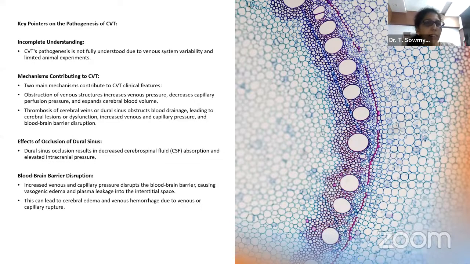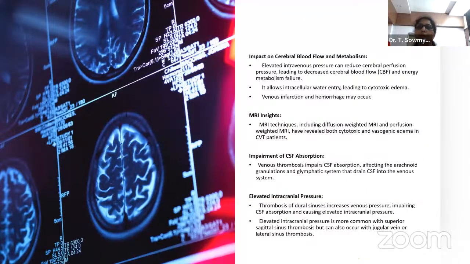When there is a dural sinus thrombosis, there is an increase in venous pressure and a decreased absorption of CSF, and in turn there is a rise in intracranial pressure. And these are the two mechanisms in cortical vein thrombosis, where blood-brain barrier disruption and hemorrhage take place.